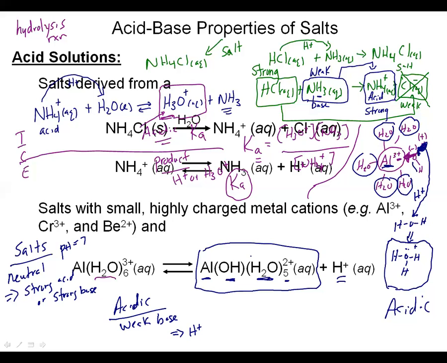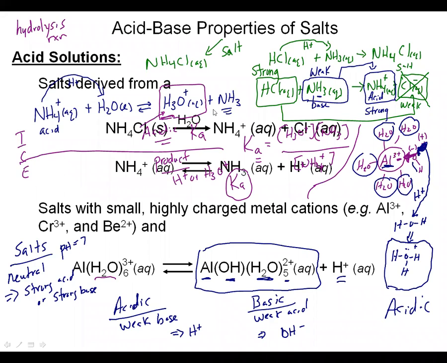And a salt could be basic, like we saw on the previous page, where the salt came from a weak acid. Thus, the salt would act as a base and produce OH. If the salt continues to react, then you would have to do an ICE table. You want to make sure you use the right K value, and you could solve for the actual pH of that solution. Any questions on the salts or how to do that?